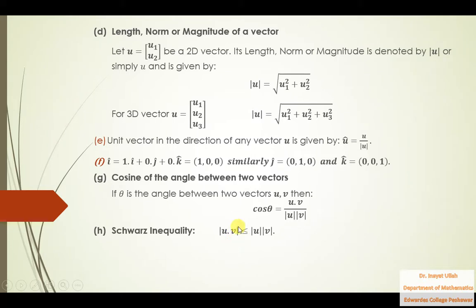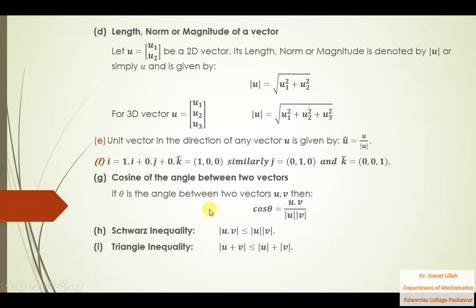I mean, if you split this magnitude into u and v, this value will be less than or equal to the product of the separate magnitudes of these two vectors. So this is called the Schwarz inequality.